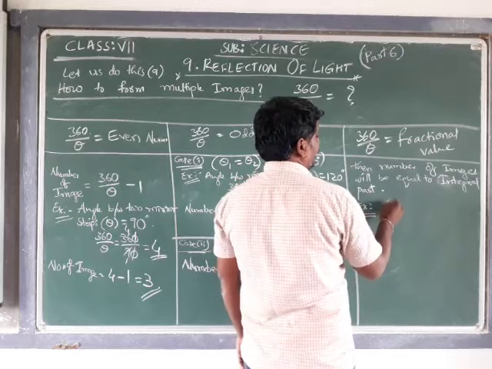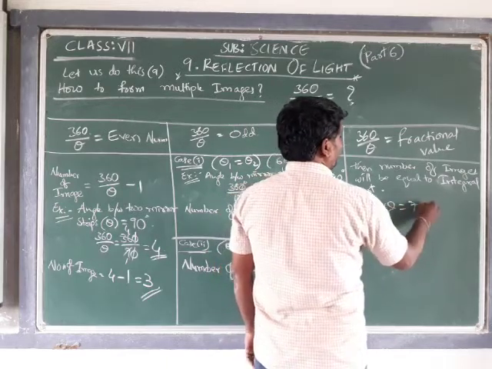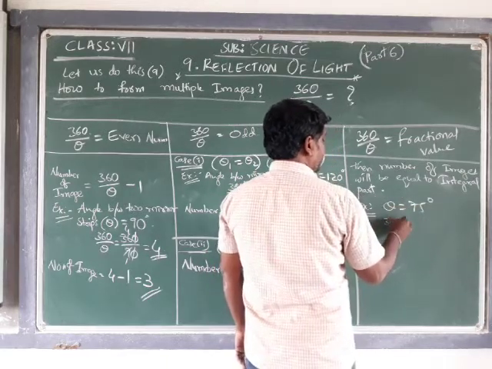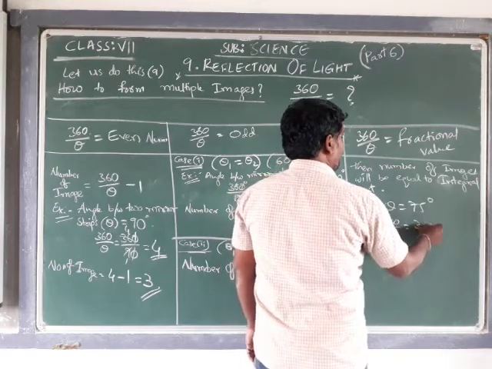For example, I am taking theta equal to 75 degrees. Now 360 by theta is 360 by 75.